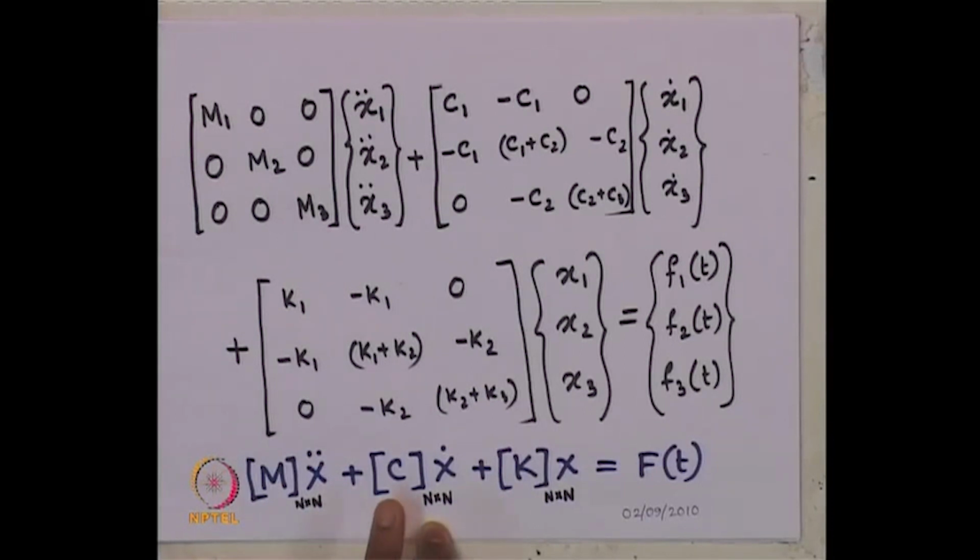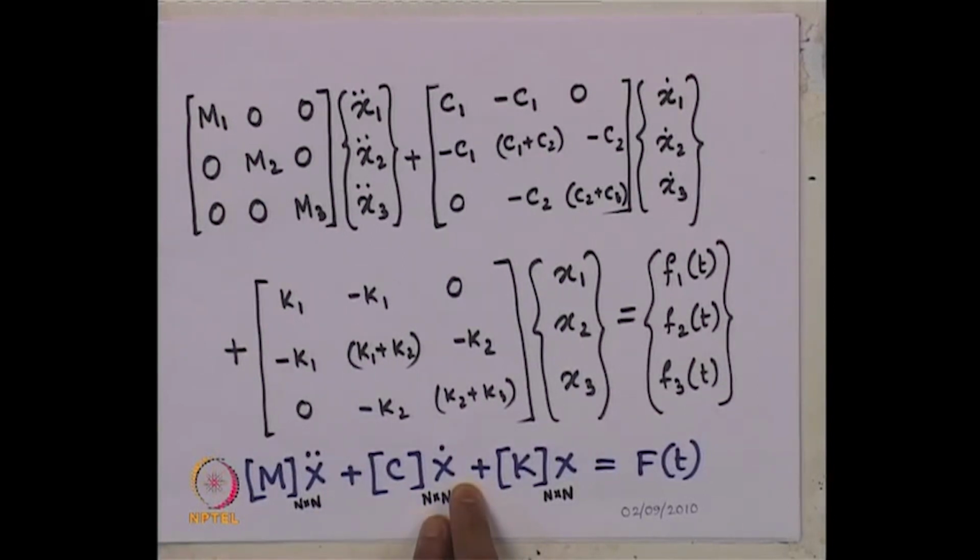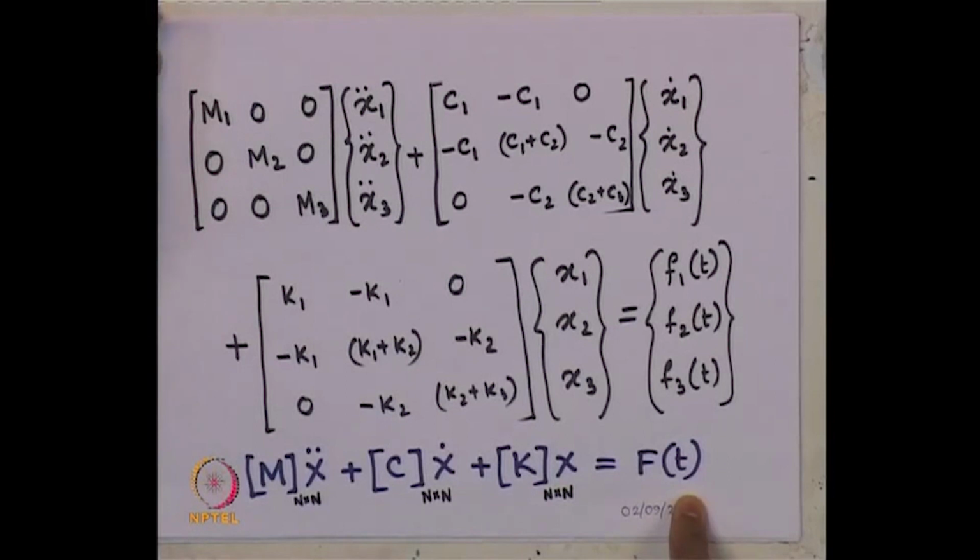Similarly, the damper matrix will be of the size n by n, and the velocity vector will be of size n by 1. Stiffness matrix will be of the size n by n, and displacement vector will be of size n by 1, and externally applied force vector will be of size n by 1.